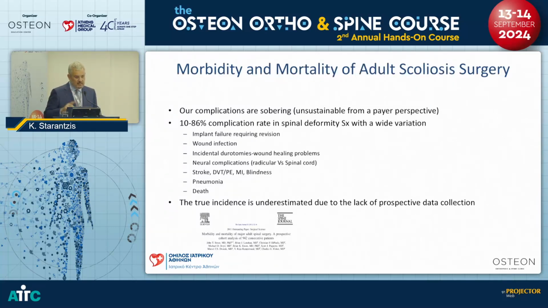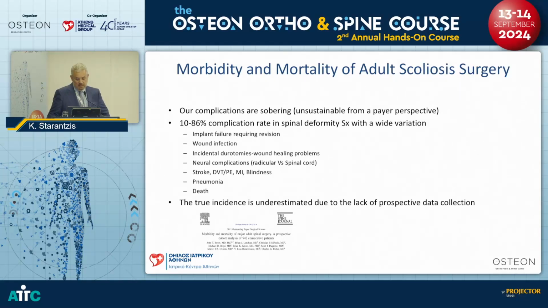So with regards to the complications of deformity surgery, 20 years ago, we tended to underestimate the risks of deformity surgery. We talked about adult deformity correction risks as if we were talking about degenerative surgery.